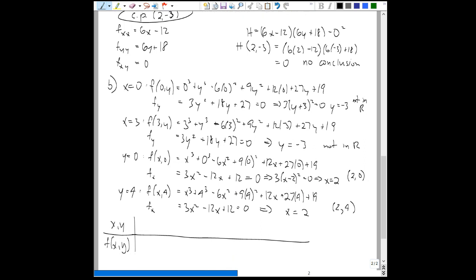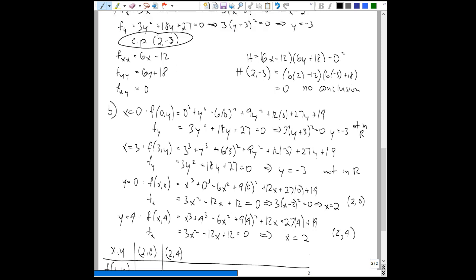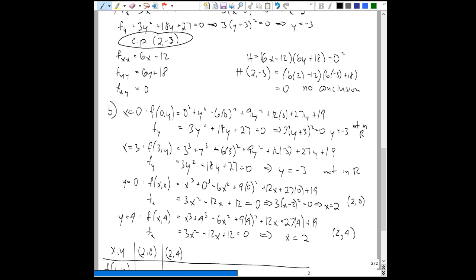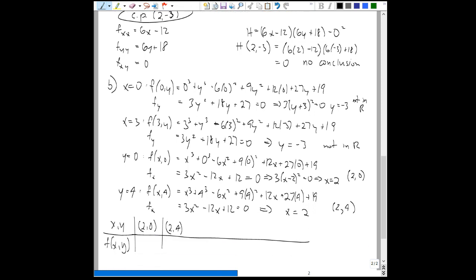So we will include our boundary critical points, which were (2, 0) and (2, 4), and we'll include our corner points. And since x goes from 0 to 3 and y goes from 0 to 4, we will get corner points (0, 0), (0, 4), (3, 0), and (3, 4).